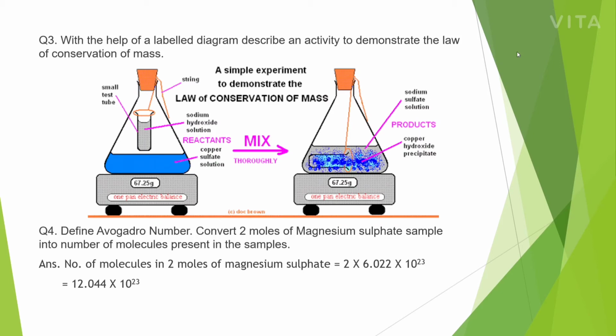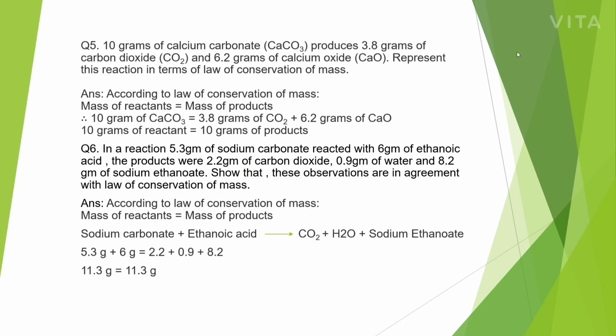Now our next question is, 10 grams of calcium carbonate produces 3.8 grams of carbon dioxide and 6.2 grams of calcium oxide. Now we have to represent this reaction in terms of law of conservation of mass. Now according to the law of conservation of mass, the total mass of the reactants is equal to the total mass of the products.